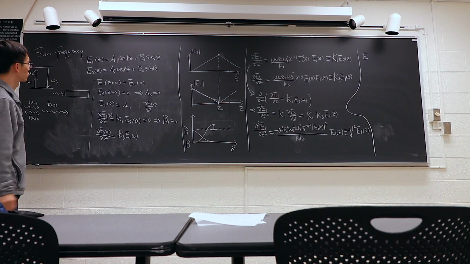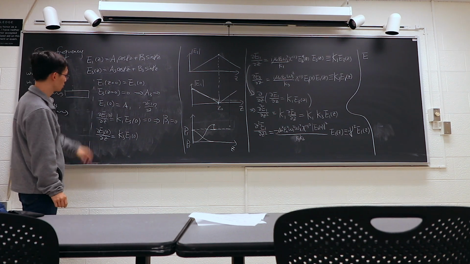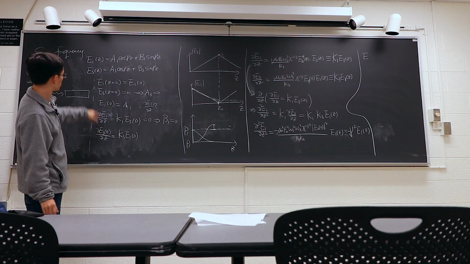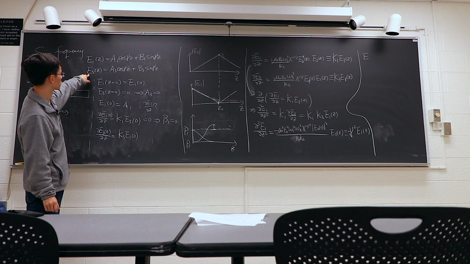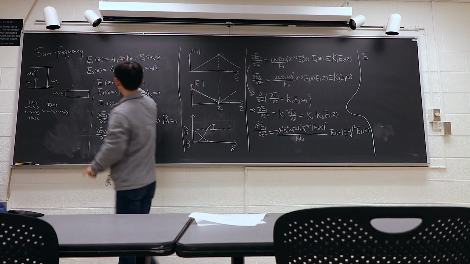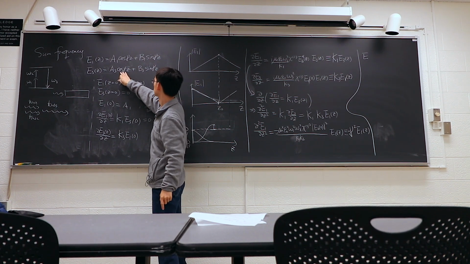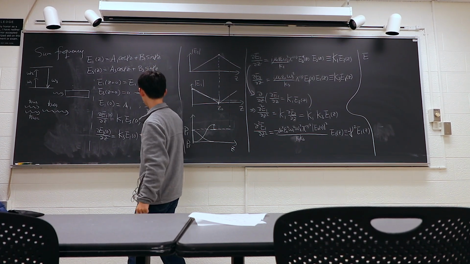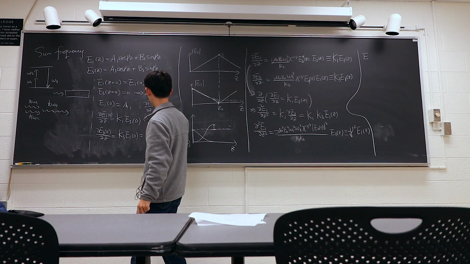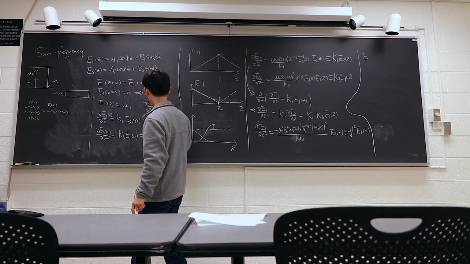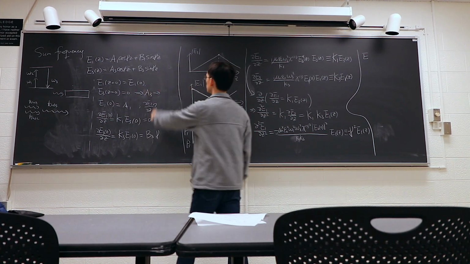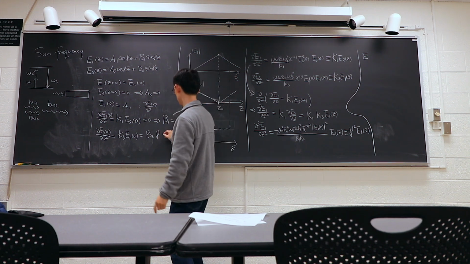So growth rate of E3 must be maximum. You can calculate this derivative from here. Again, this one will be 0 at 0 point. Cosine goes to sine, and then now you have B3. This coefficient comes out.